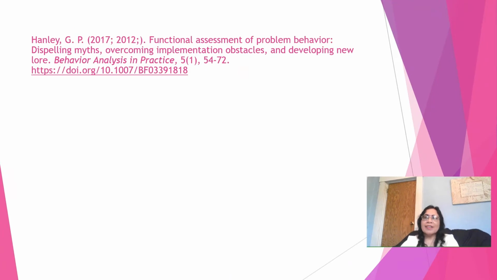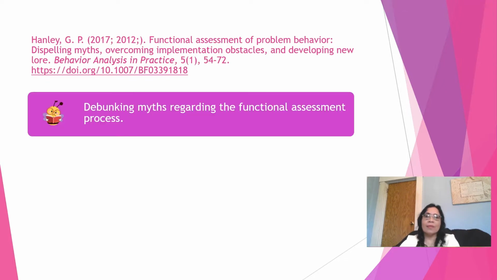Now I'm going to start discussing the three articles I chose for the literature review. The first article is Functional Assessment of Problem Behavior: Dispelling Myths, Overcoming Implementation Obstacles, and Developing New Lore by Hanley, 2012. The purpose of this article is to debunk myths surrounding the functional analysis process.